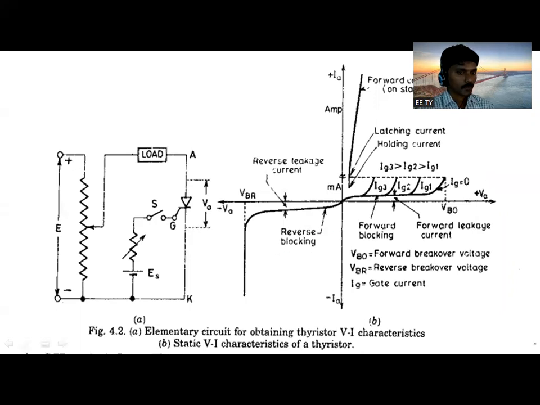So there is no NPN and PNP SCR here, only PNPN SCR. There are transistors, NPN transistor and PNP transistor. But here NPN and PNP SCR is not there. This is a four-layer device, PNPN. Your doubt is clear?